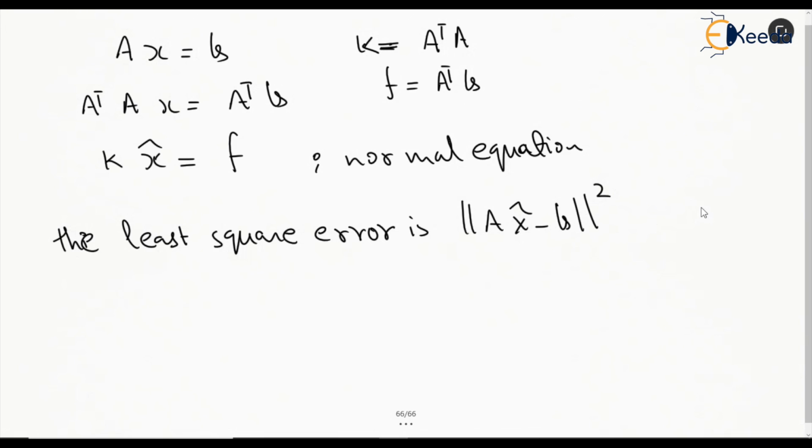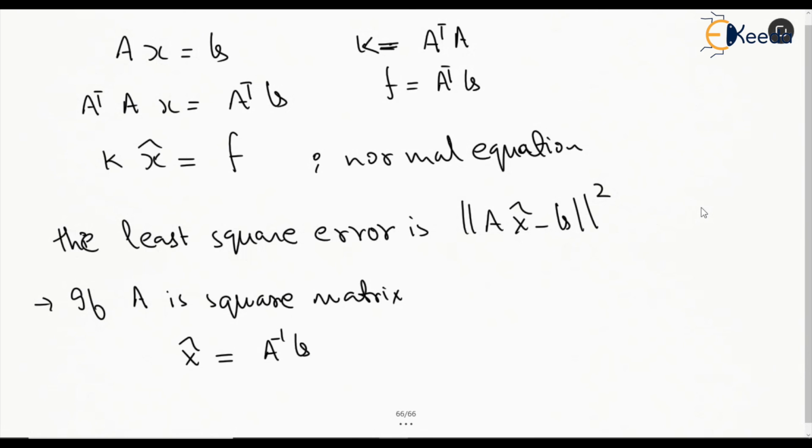And in particular, if A is a square matrix, this x can be directly found as A inverse times b. We can directly apply this and find the x vector, which is the least square solution for this case, right? So now we can see some questions on this.